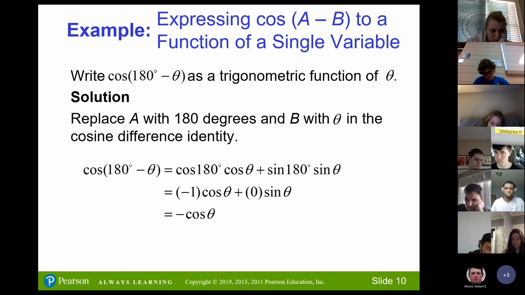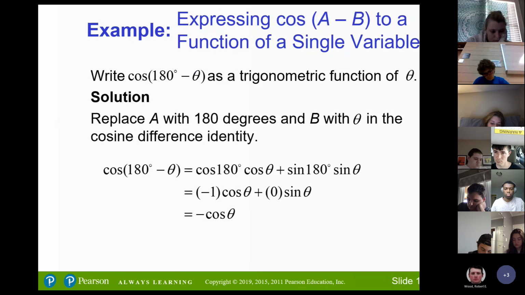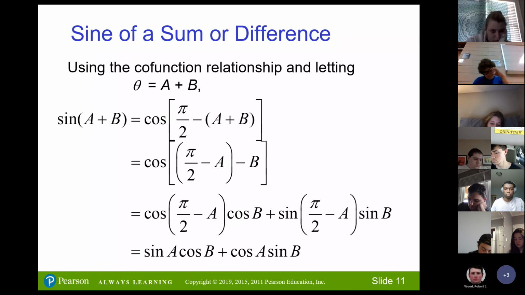All right. And sometimes you can use the cofunction relationship and letting theta equal a plus b. Now, I probably won't ask you that, but I want you to go ahead and write it down.